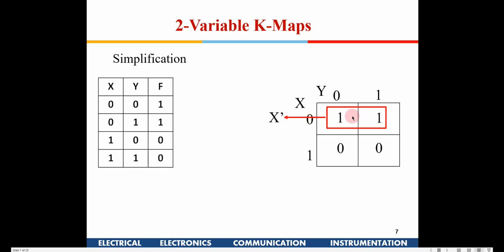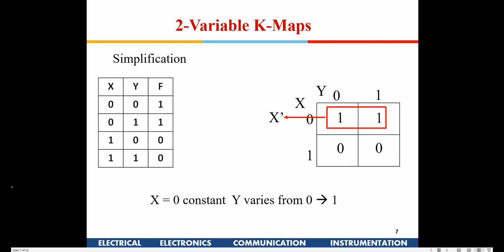Y is changing from 0 to 1, so we leave that. What remains constant is x, and the value of x is x bar, because it is 0 here, right? So directly seeing these 2 ones, I can write that this function corresponds to x bar.